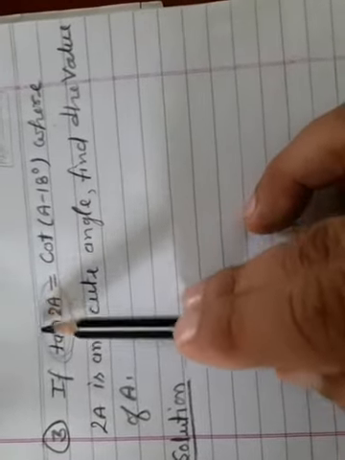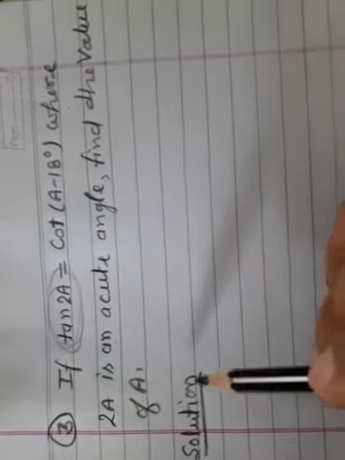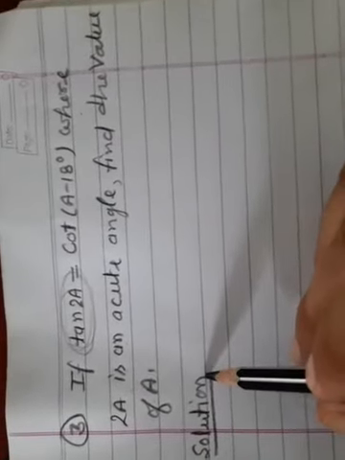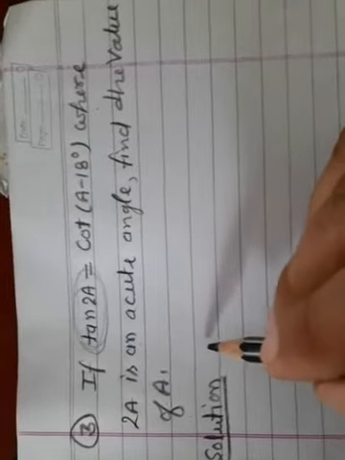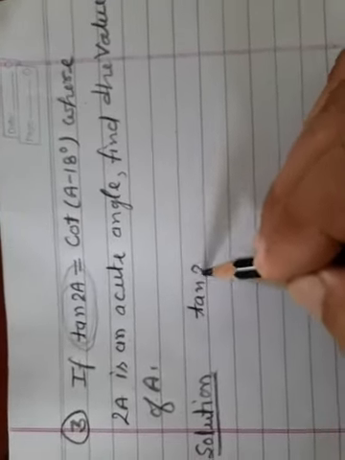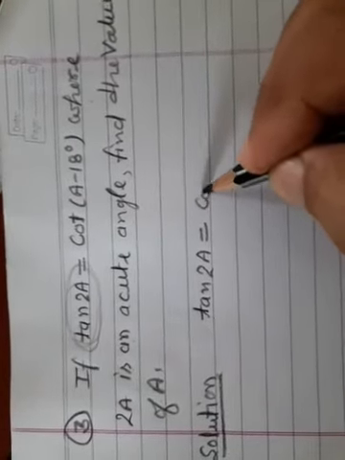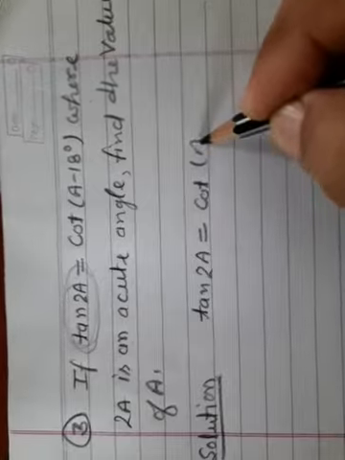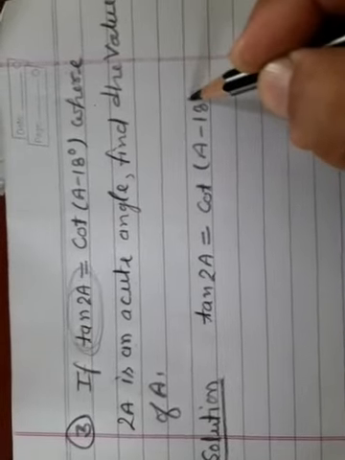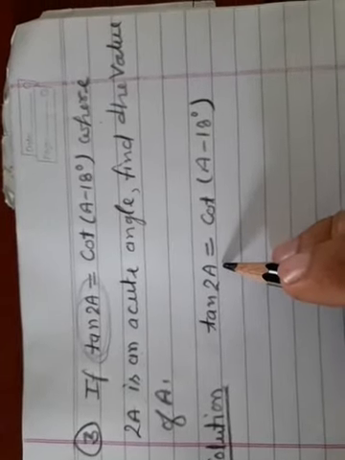Tan 2a convert into cot. Clear? Now see the solution of this equation. Given that tan 2a is equal to cot a minus 18 degree. Clear? This one is a convert now in cot.